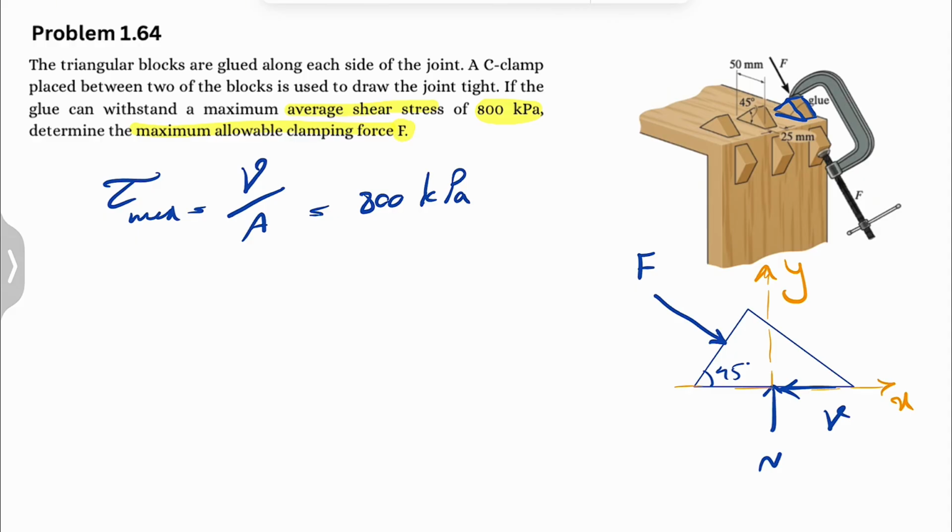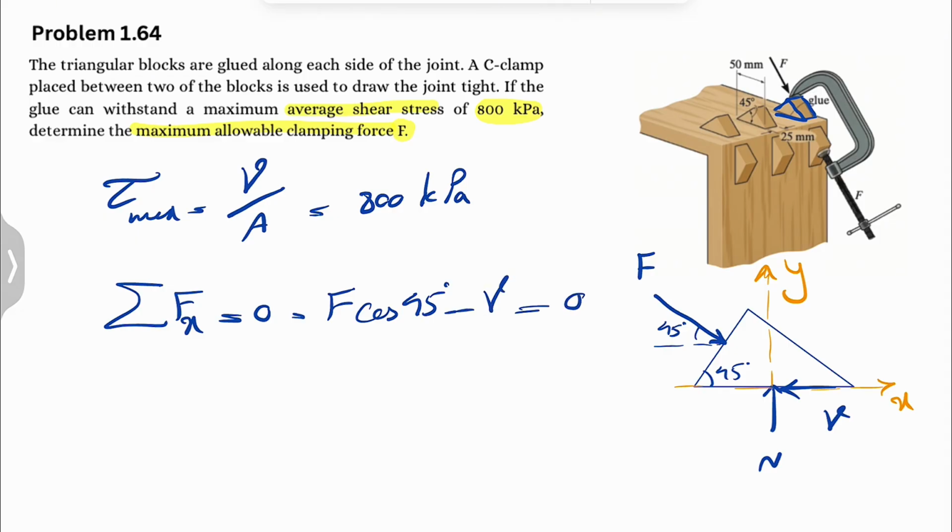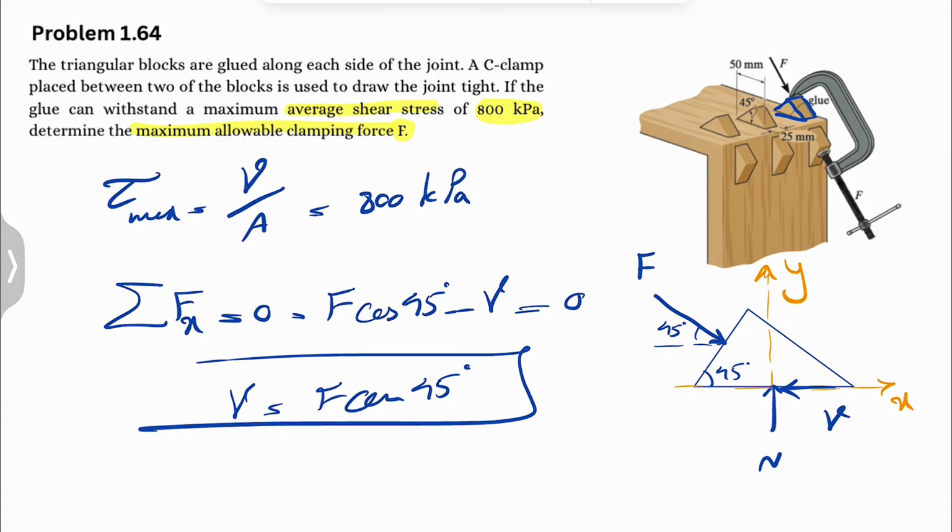Since we are interested in V, we're just going to go with the sum of all forces in x equals 0. This angle here is going to be 45 degrees as well. So we have F cosine of 45 degrees, and we have V in the opposite direction. So we know V is F cosine of 45 degrees.